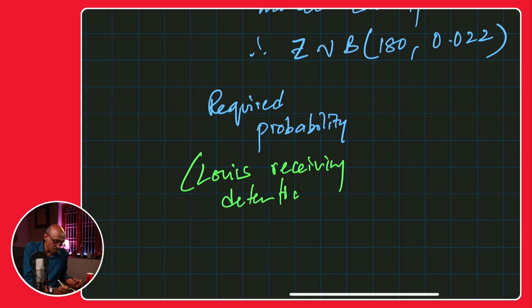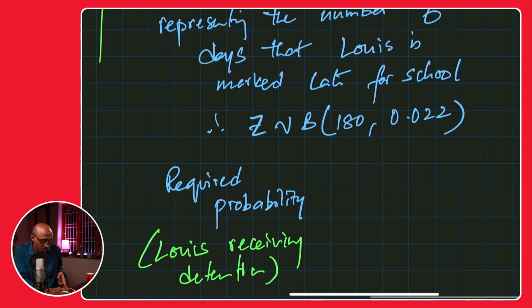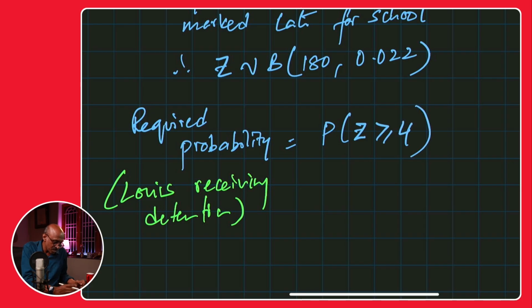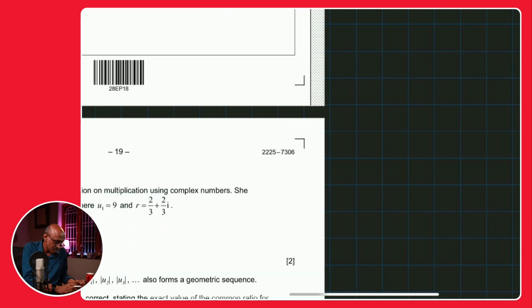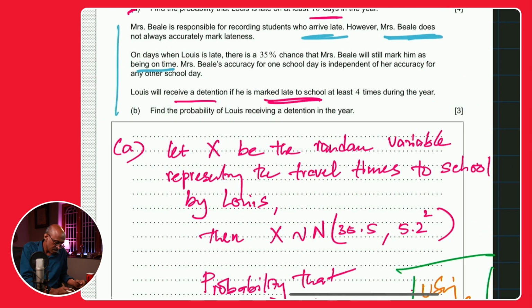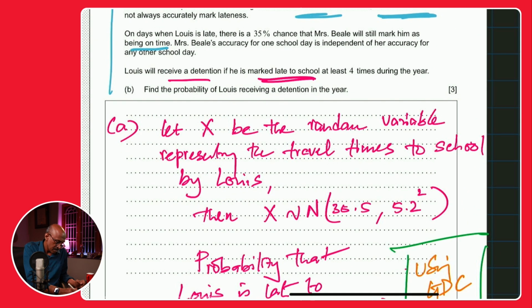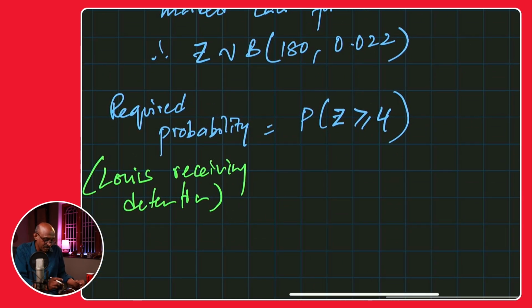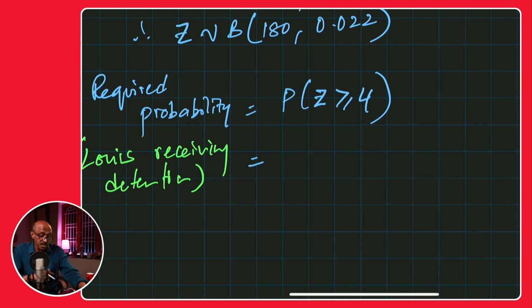The question says he's going to receive detention when he's marked late for more than 4. Let me just read whether it's 4 or more. What does the question say? At least 4. Yeah, that's right. At least 4 means greater than or equal to 4. So the probability of Z being greater than or equal to 4 is the correct notation, and it's a binomial. So let's jump to the calculator and put down the values we have just found.